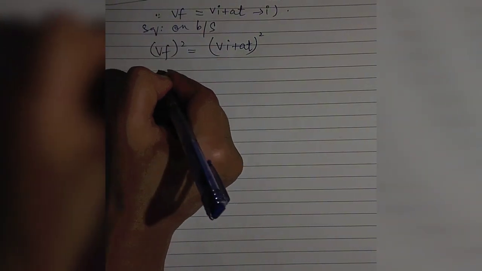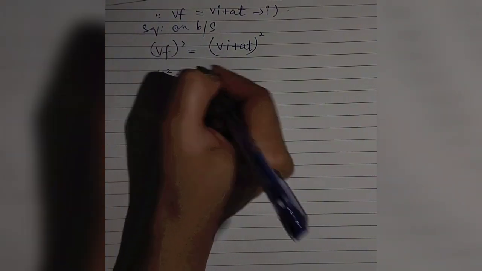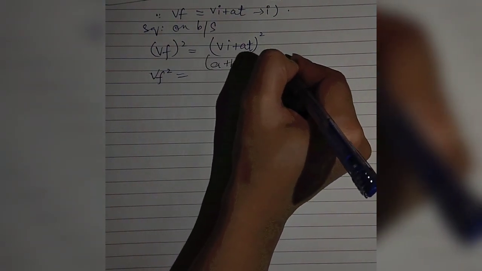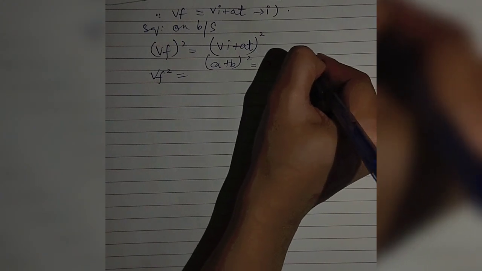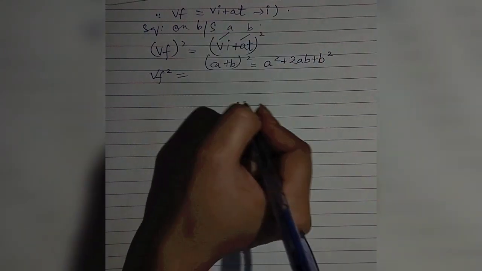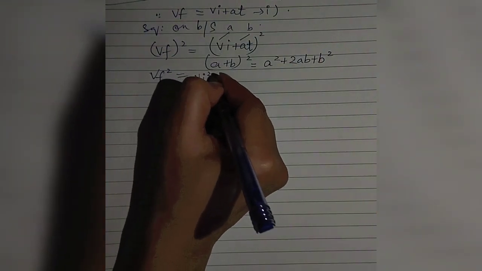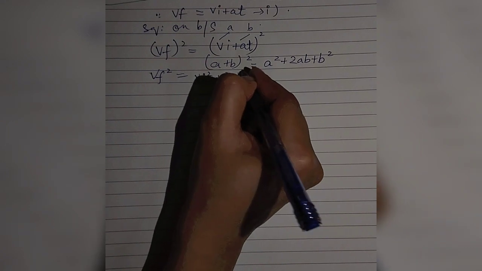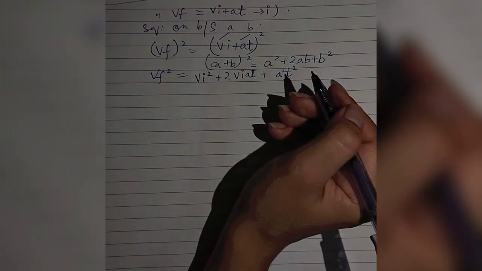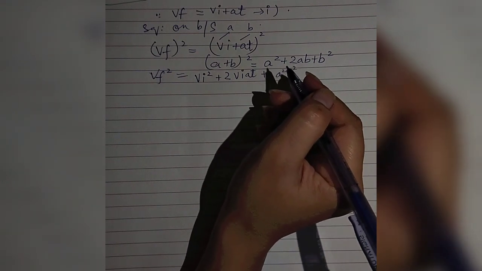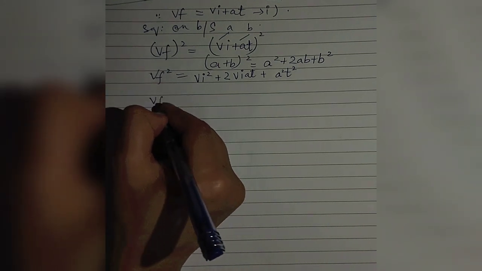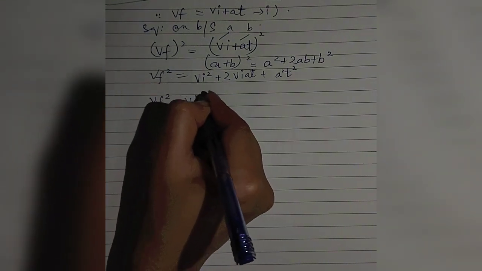Now, opening it, simplifying it. Vf squared remains same. Putting here the (a plus b) whole squared formula, it becomes a squared plus 2ab plus b squared. Let's say this is a, this is b. Now it becomes Vi squared plus 2Vi into at plus a squared t squared. Now I am doing some mathematics again over here.